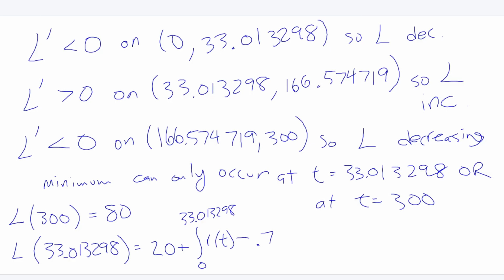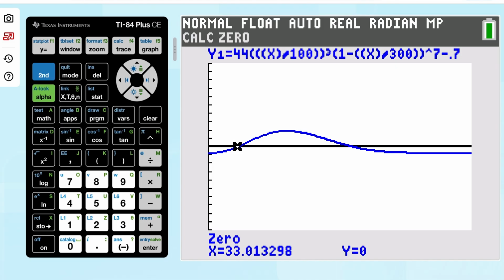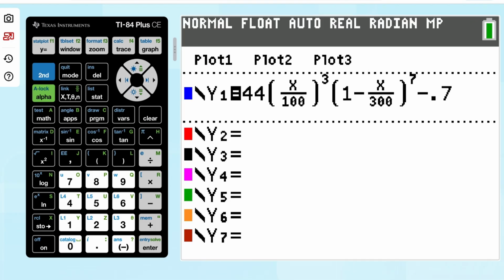So minus 0.7, all of that inside the integral dt, because what I have graphed in my graphing calculator, we'll note, is r minus 0.7.